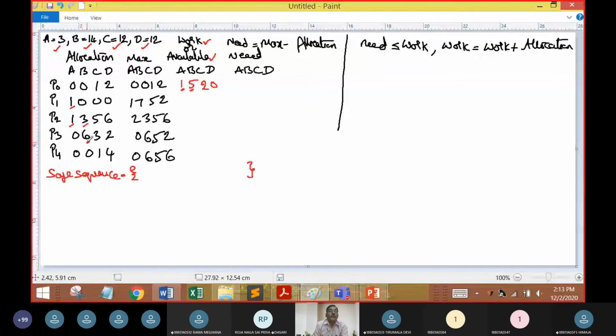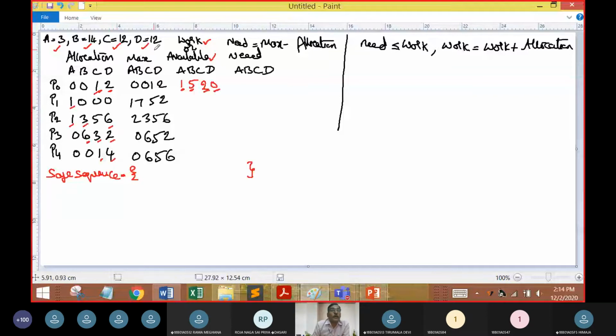Now C is equal to 12. Where are these 12 instances? 2 here, 3 here, 3 here. So 3 plus 5 is 8, 8 plus 4, again you are going to get 12. D is left with 12. Where are these 12 allocated? They are allocated to D. How is it going to be done? 2 plus 6 plus 2, so obviously it is 10, 10 plus 4.